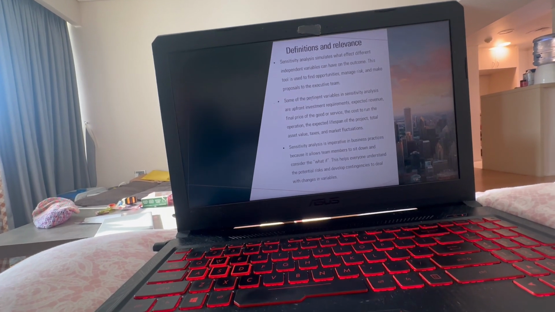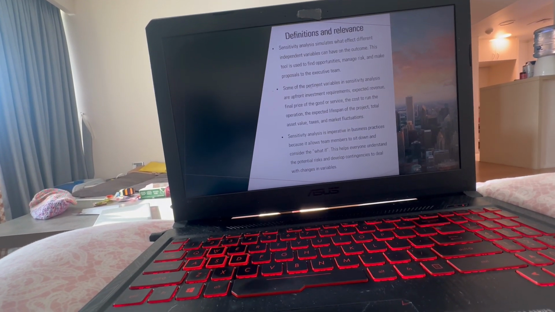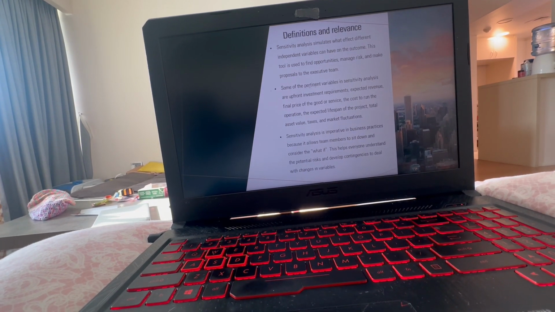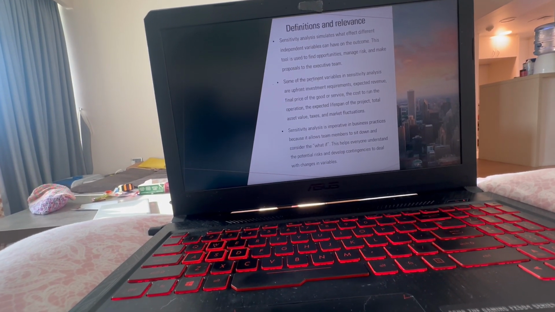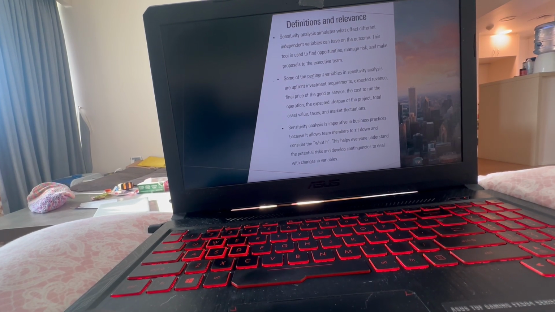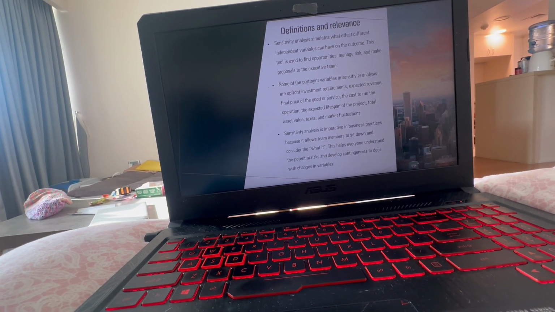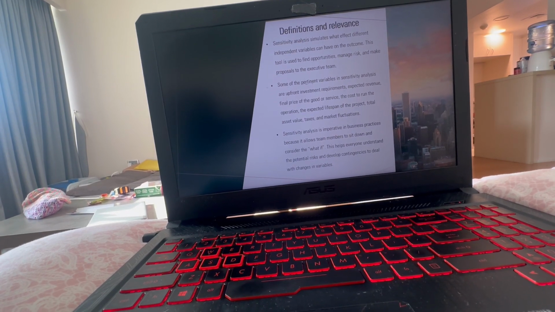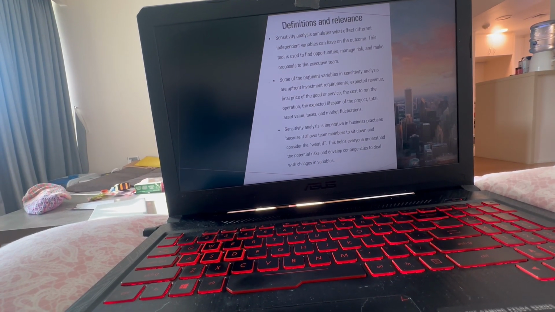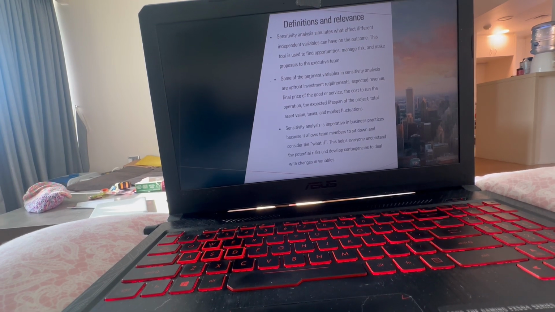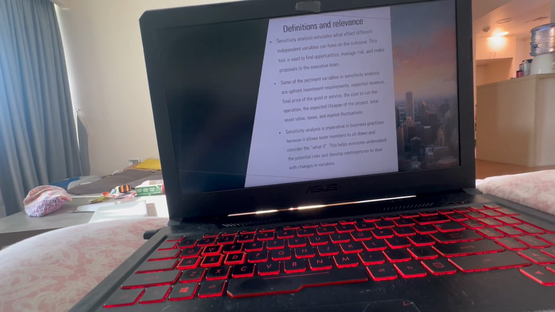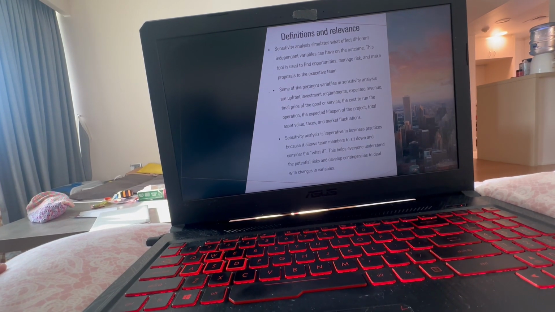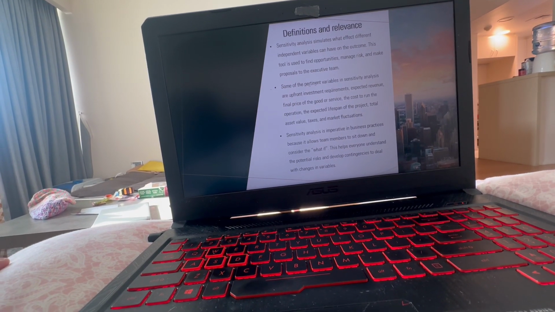And so basically this slide is going to introduce what sensitivity analysis does. It's a tool that shows how the changes in variables like revenue, cost, or taxes can affect the outcome of the project. We're going to use it to identify risks, spot opportunities, and develop stronger proposals for the decision makers so that the executive team is getting the best and most educated strategy possible.